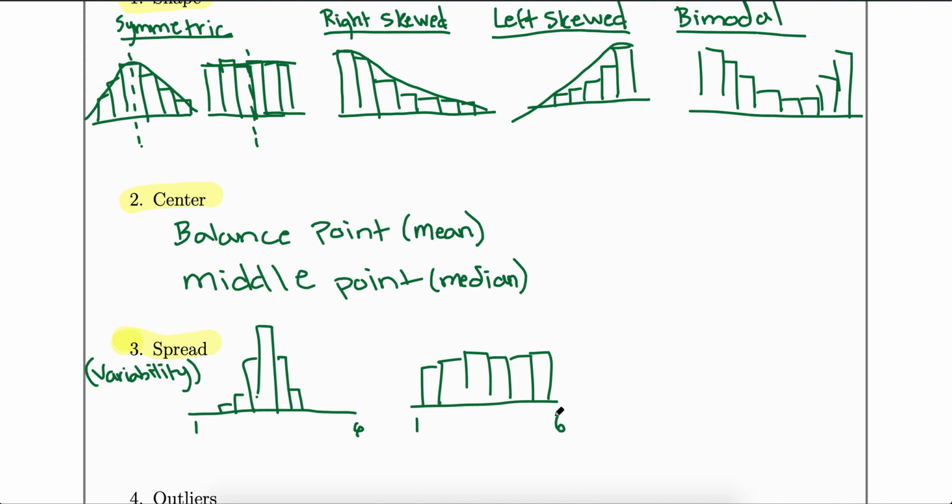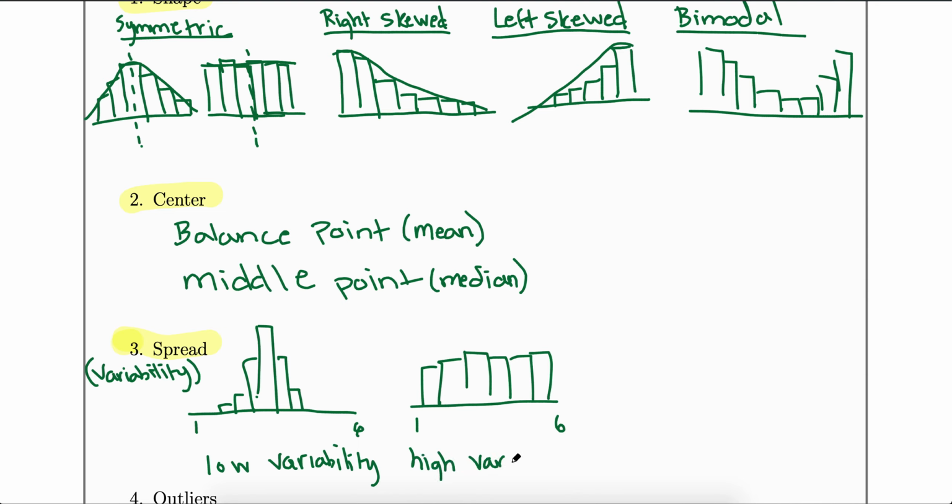The x-axis is the same on both of these. We would say this first one has lower variability. Most of the data is right smack dab in the middle. Whereas the second one has higher variability because it's spread out evenly between 1 and 6. The data isn't concentrated in one place.